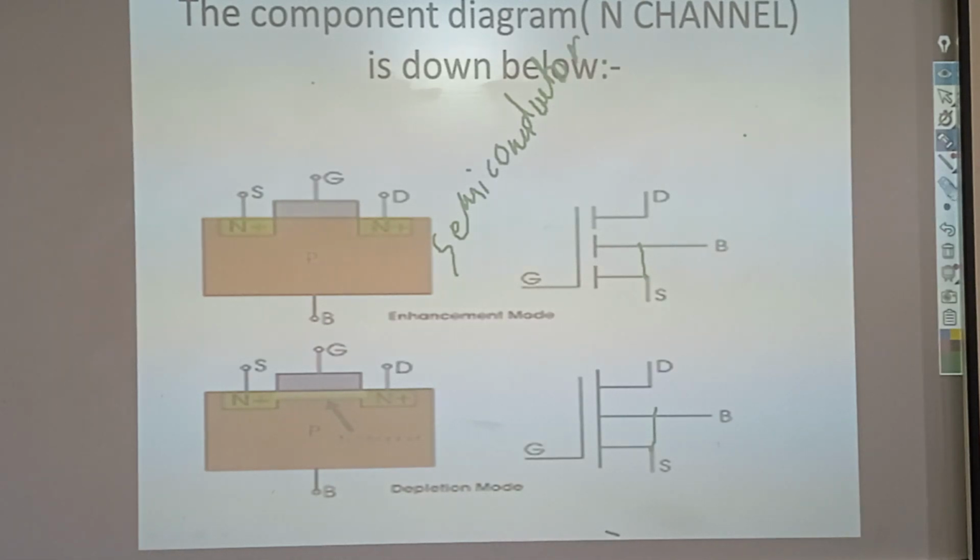In a semiconductor, there is always a P channel and an N channel. There is always a P junction and an N junction. Both form a PN junction. Like for making an N channel, N means negative, where there is an extra electron.